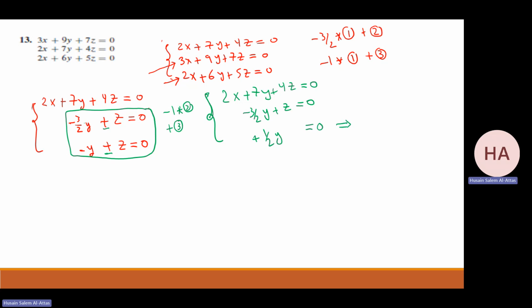Interesting. So what I'm getting is y equals 0. If I plug it here, I'm getting z equals 0. If I plug both of them here, I'm getting x equals 0. So my solution: x equals 0, y equals 0, z equals 0.